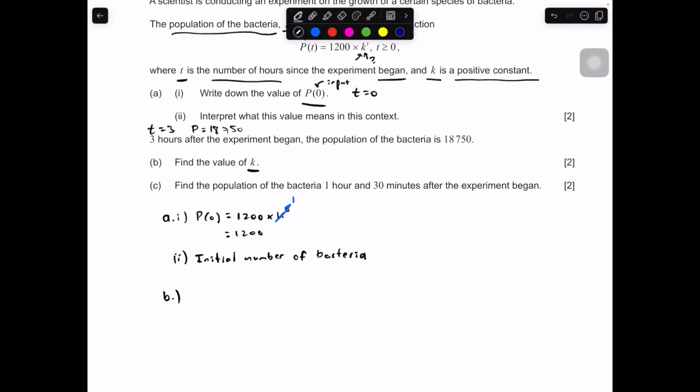So let's go to part b. Let's rewrite this equation up here. So we have the population, which is 18,750, and this equals 12,000 times k, which we don't know, but we know it's raised to the power of 3.